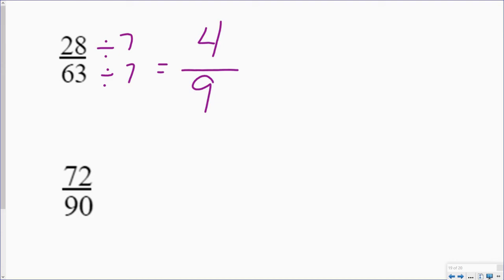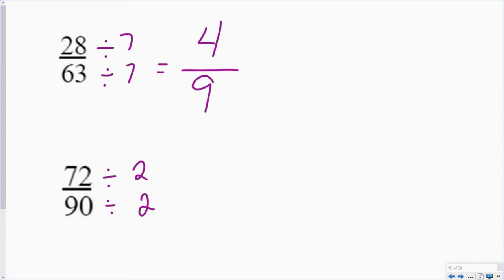Here I have 72/90. Again, a couple of larger numbers. Well, when I look at this, I know that they are both even numbers, so I can divide both of them by 2. Now, this might not be the biggest number that they have in common, but it's going to help me get to numbers I'm a little bit more comfortable with.